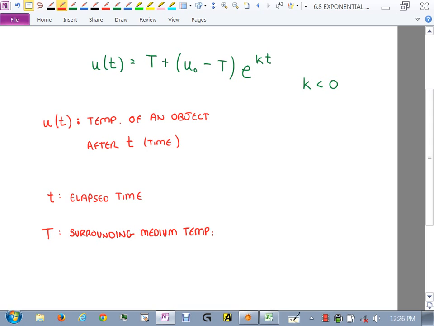I think that's everything. Oh, U naught. Hold on, U naught is the initial temperature of the object.